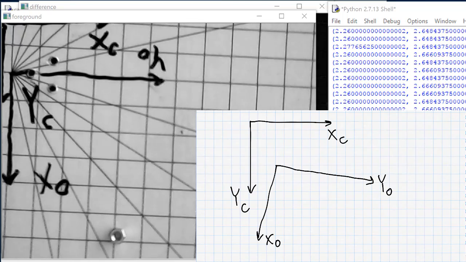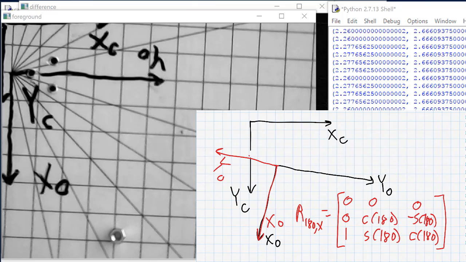We could rotate the 0 frame 180 degrees around its x-axis to get the z0 axis to be pointing down. That would swap the direction of y0. And it would also swap the direction of z0. So after we do that 180 degree rotation around x, x0 is in the same direction as shown in my screen here, but y0 is pointing to the left.